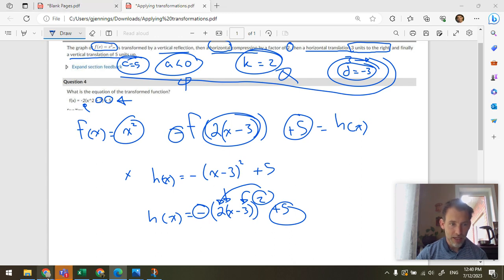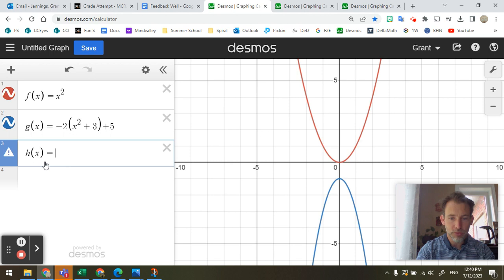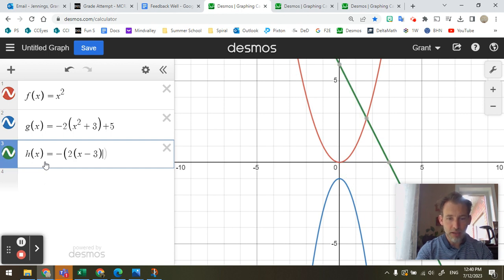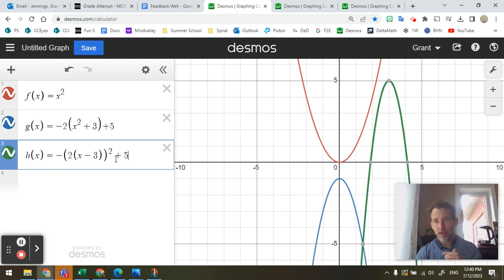So let's take a look at that in Desmos and see if Mr. Jennings is right. This is equal to negative bracket 2 times x minus 3, bracket squared, plus 5. Okay, this one has been squeezed by a factor of 2.